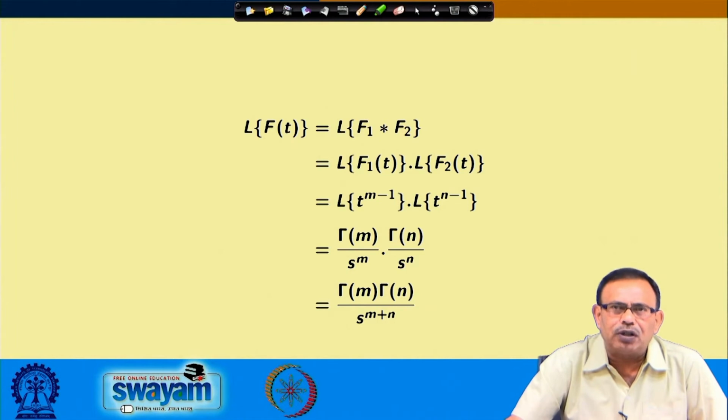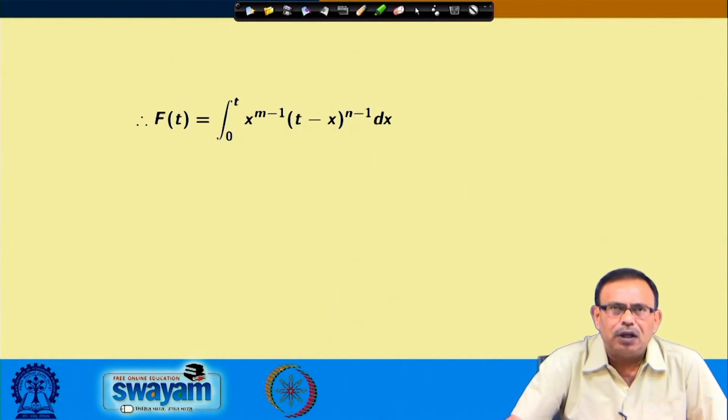So, this is equal to gamma m into gamma n, not gamma (m plus n), which I told earlier. This is gamma m into gamma n by s to the power m plus n.